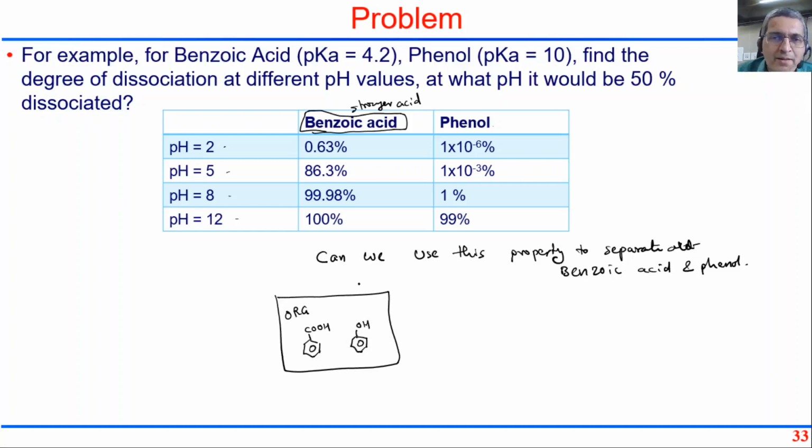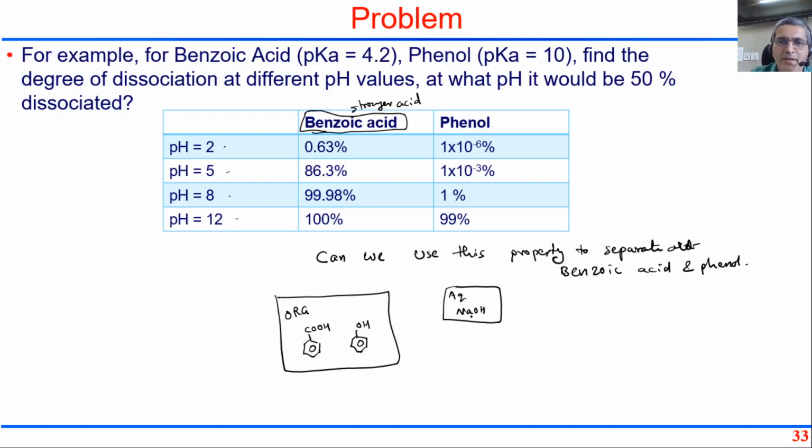Now if I add an aqueous base, so for example, an aqueous phase with NaOH, NaOH would react with which component first? Benzoic acid first or phenol first? The stronger acid is benzoic acid, so it will react with benzoic acid first, isn't it? It will react more strongly with benzoic acid.